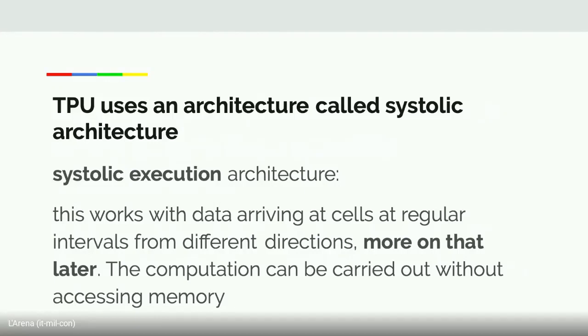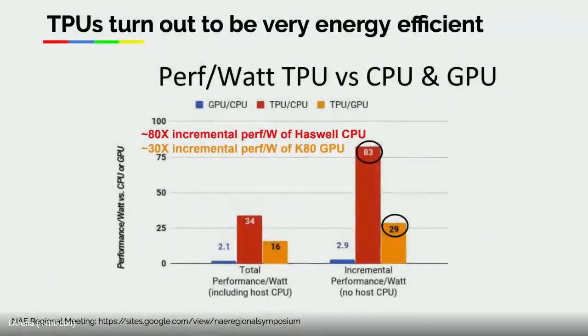But the main point you should take away is that it can do specific operations without accessing memory. Because one of the main bottlenecks in CPUs when doing those big operations is that the CPU always has to access memory. You have the bus between the CPU and the memory, and this is the huge bottleneck, the culprit that slows down everything.